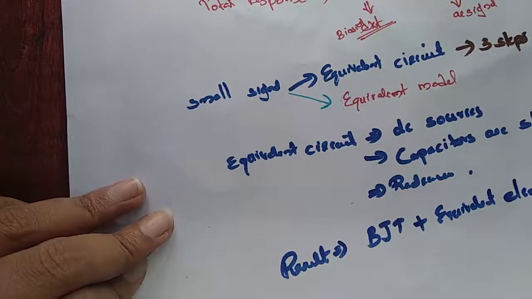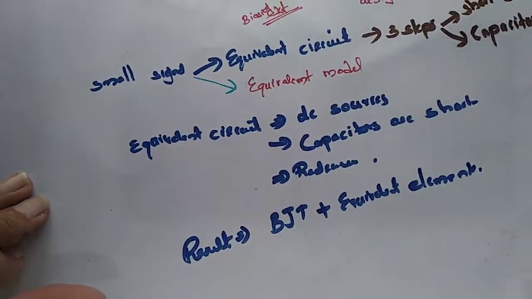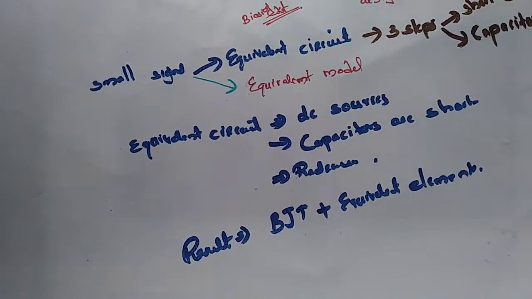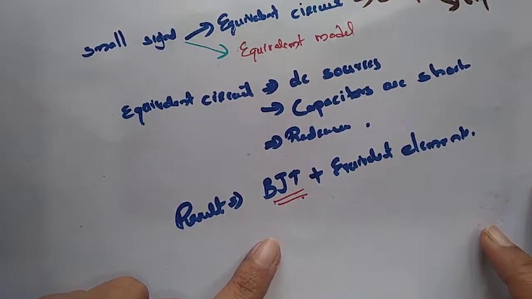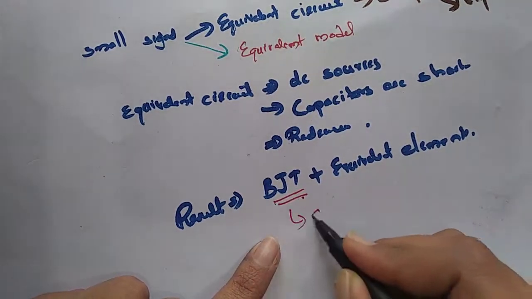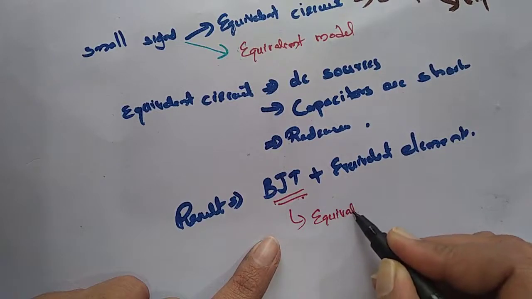Now, in order to analyze the BJT, we have to remove this BJT also. We will form the equivalent model of the BJT.